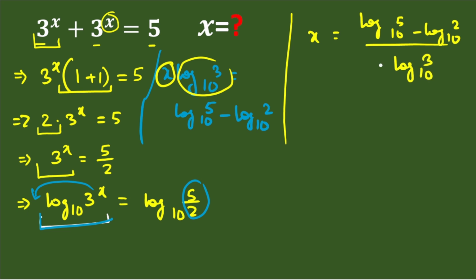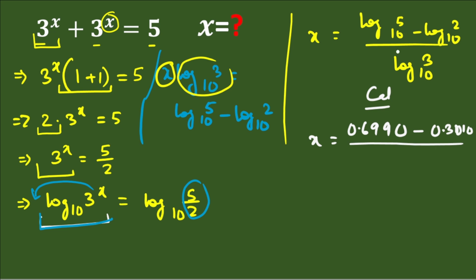Now for further solution we'll use the calculator. The value of log 5 base 10 is 0.6990, which is the approximate value of log 5, and here it is minus the value of log 2, which is 0.3010. These are the values of log 5 and log 2 that we have found using the calculator.